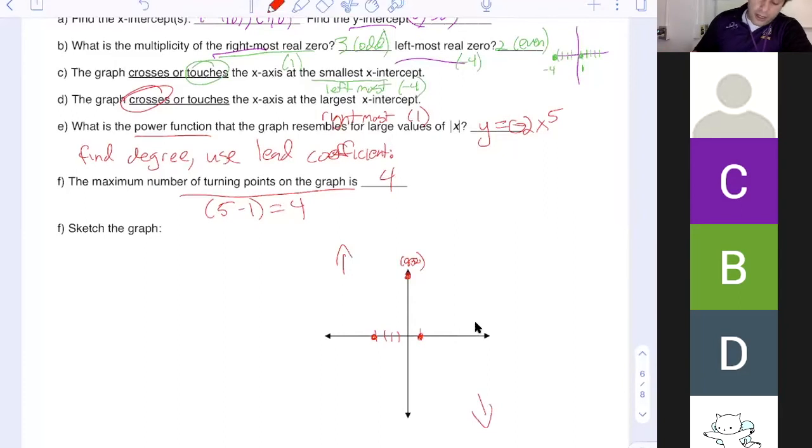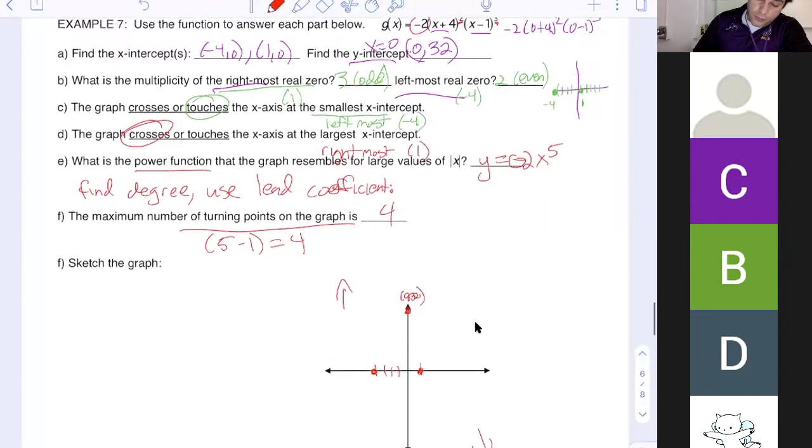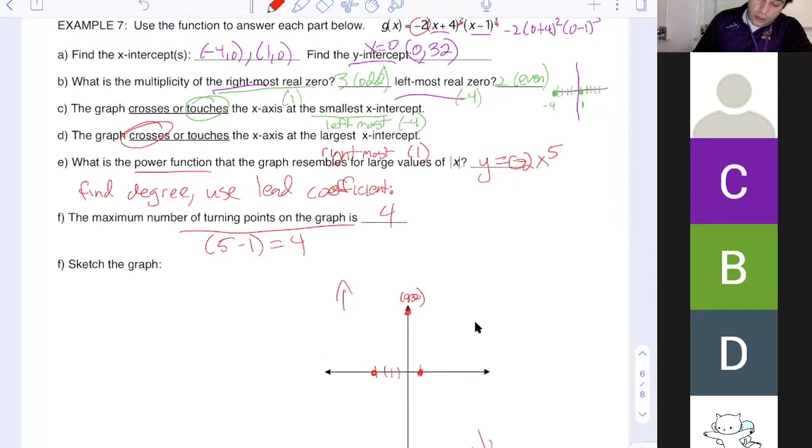And I know that it is going to touch here and cross here. So, you know, I'm taking a big chance. I haven't looked yet on Desmos, but it should look something like this with some humps in between. All right, so let's go to Desmos, see what this looks like.